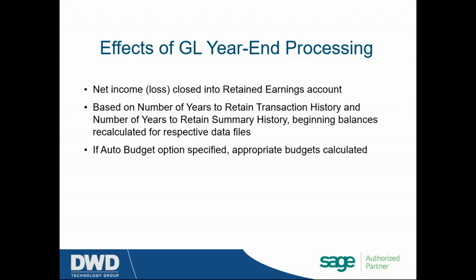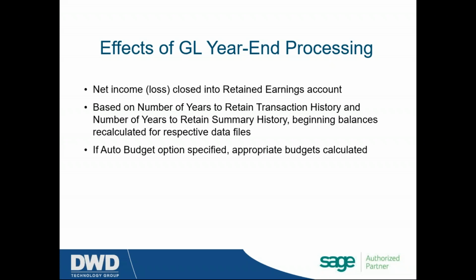One of the other things I probably should have said in the beginning is, one, obviously we said make a backup. Two, if you haven't closed your periods in a while, I would also recommend you go into those options and take a quick look to see how long you are saving the data.